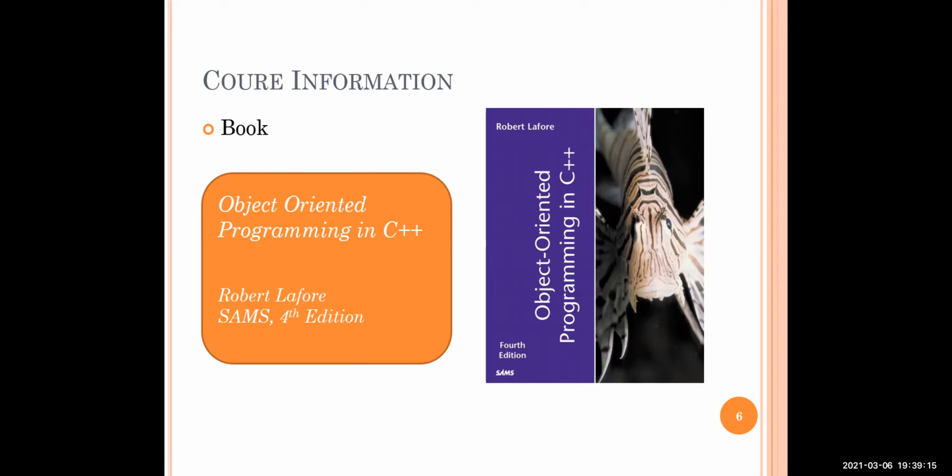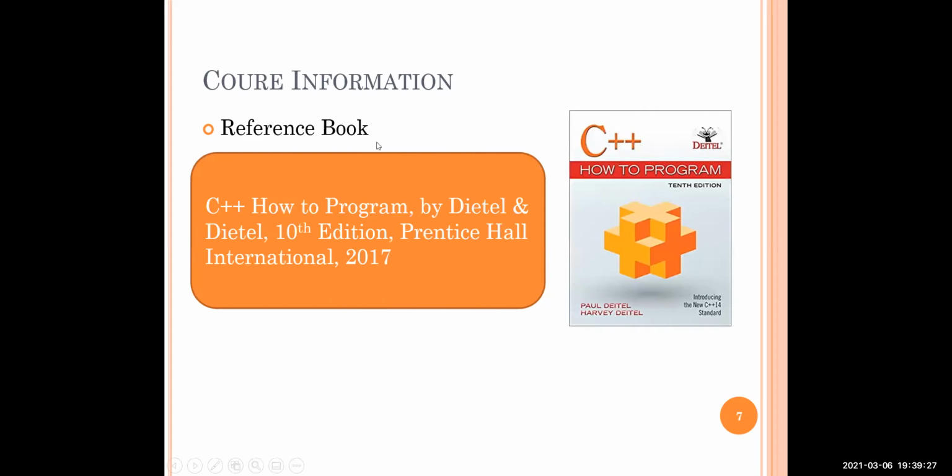So this is one very famous book on object-oriented programming by Robert Lafore. It is available in the market, and I think the soft copy is also available on the internet. Another book is this one, C++ How to Program by Deitel and Deitel. This is a slightly advanced book. So if you are a beginner in programming, then I would recommend the previous book, right?